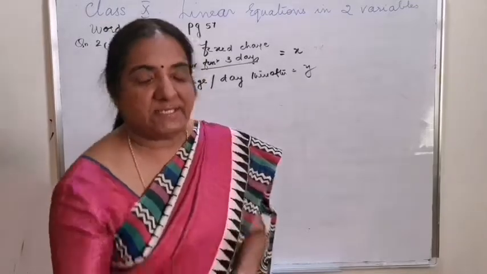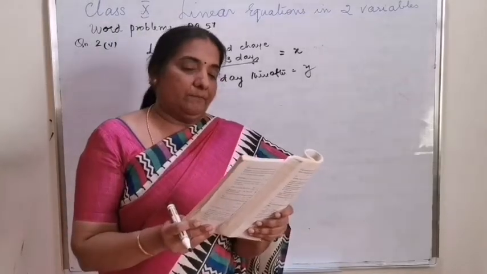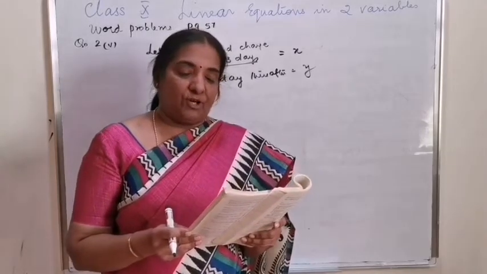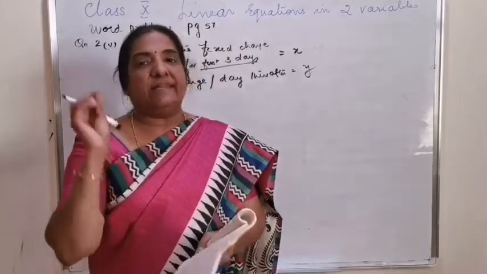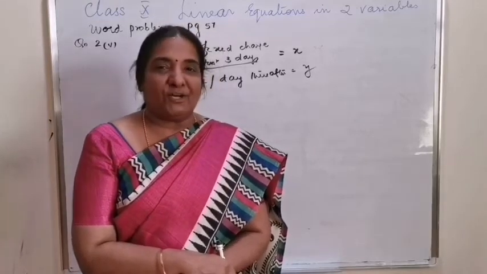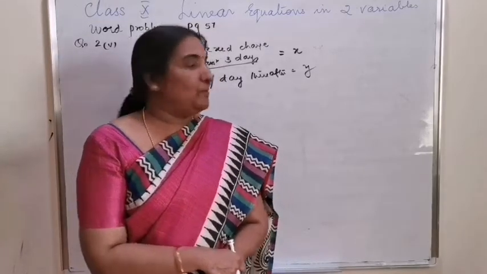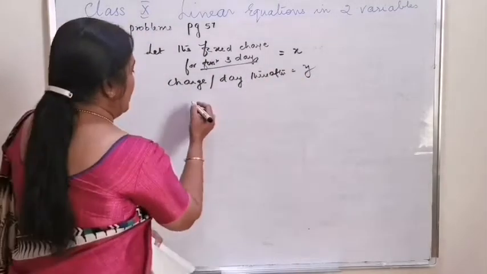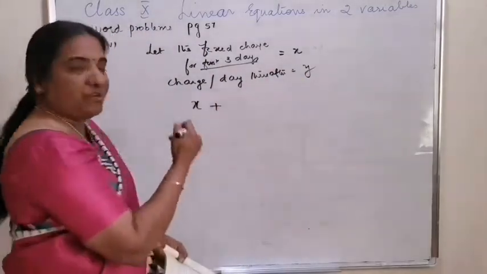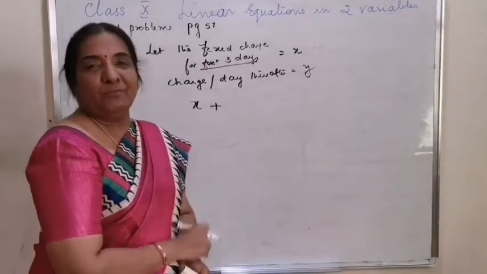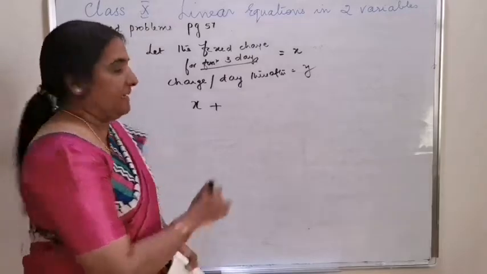The question is, Sarita paid rupees 27 for a book for 7 days. A total of 27 is charged for 7 days. So, for the first 3 days, she has to give only X. So, 3 days are over. Out of 7 days, how many more days are left? 7 minus 3.